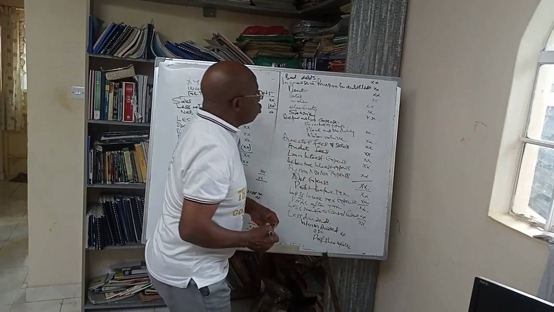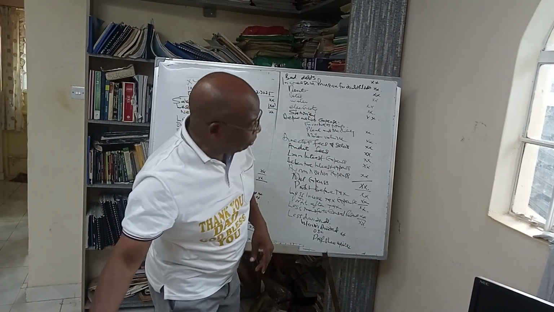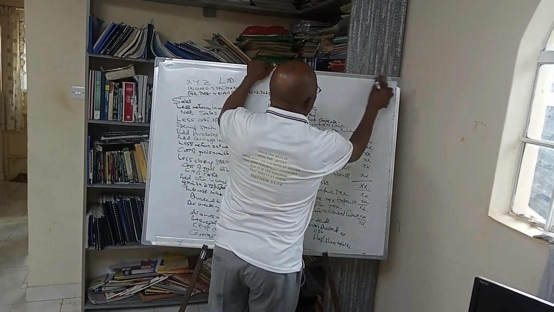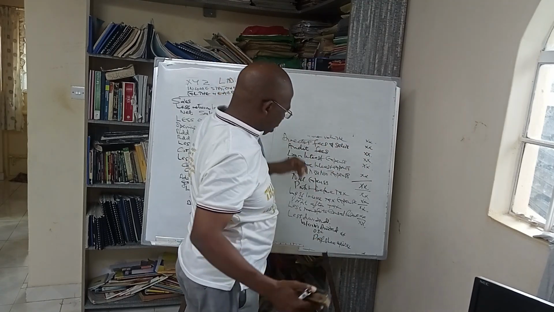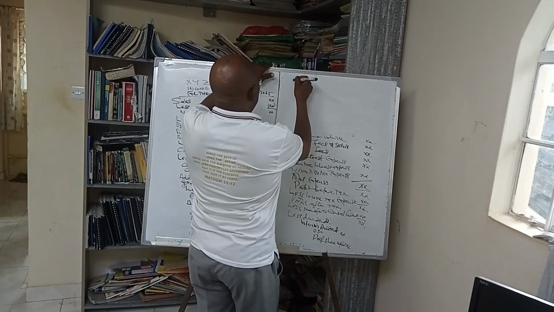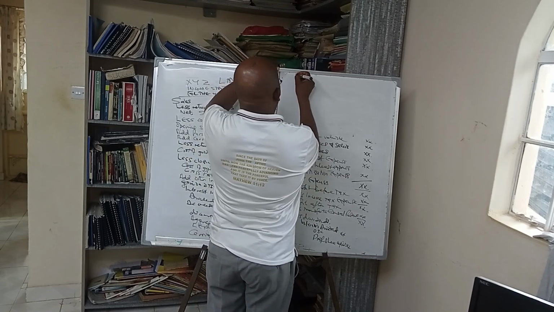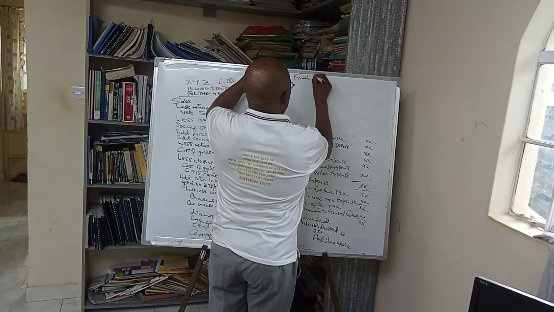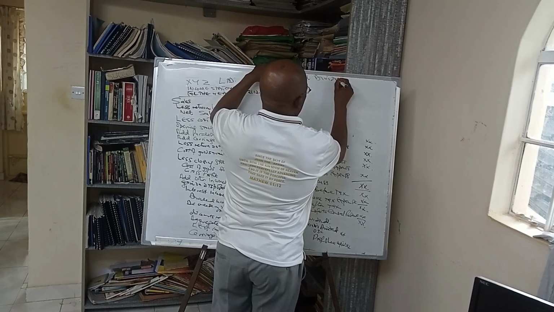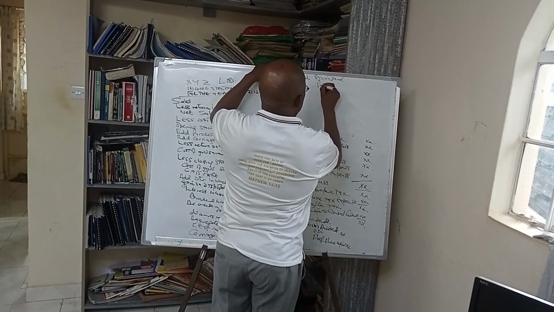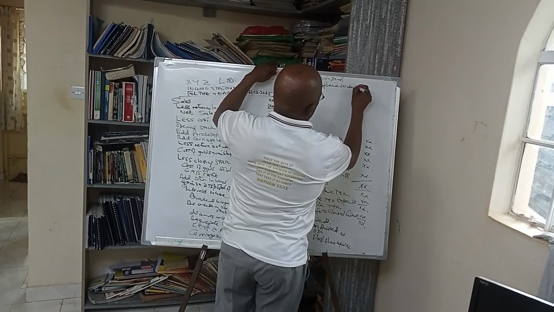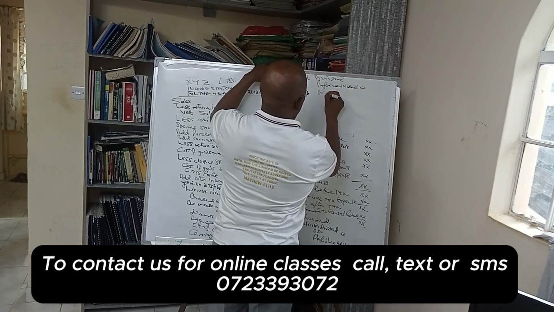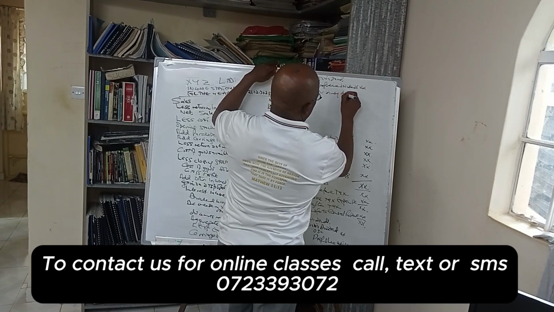Now, from there, you add the final dividend: the preference dividends and the ordinary dividends.